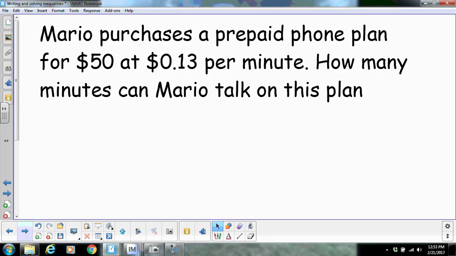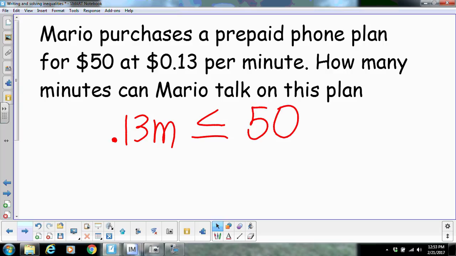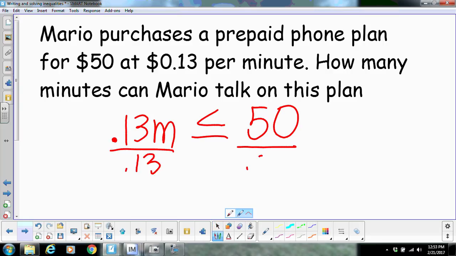Per minute, right? That's going to be 0.13m, right? Okay, and that amount, however many minutes he talks at 13 cents a minute, needs to be less than or equal to $50. So now how do you get it by itself? You divide both sides by 0.13. Okay, so what did m equal?